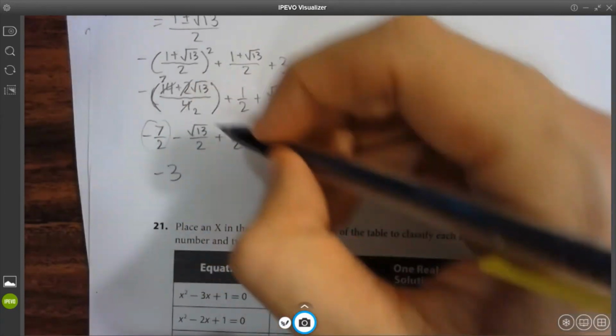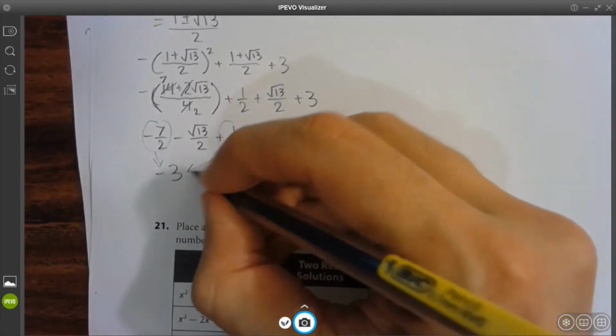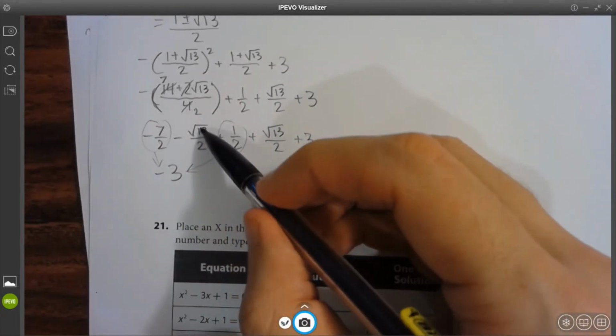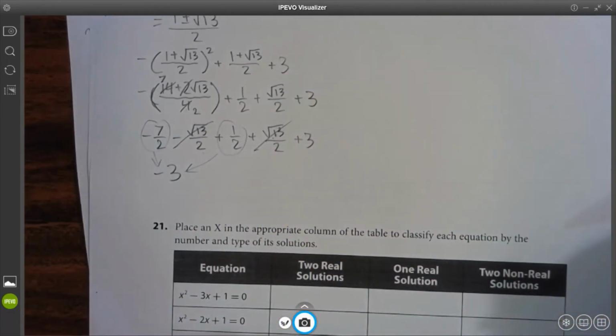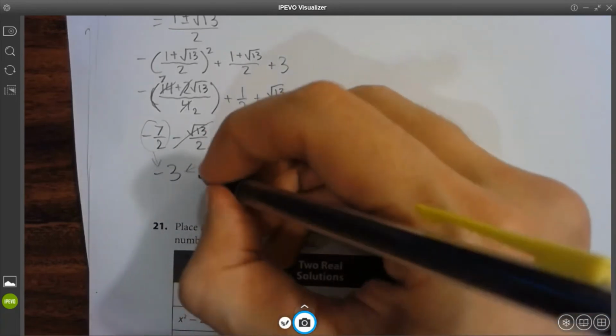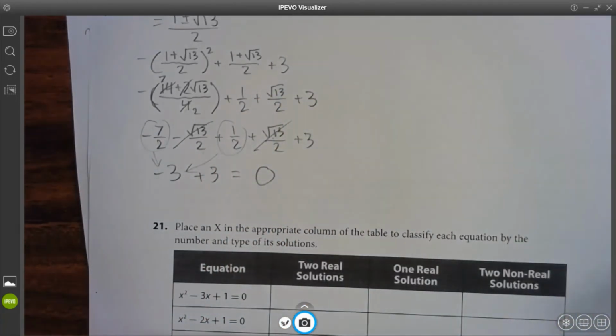So that's these two. Yeah, this one at least is nice. Negative root 13 over 2 and positive root 13 over 2, they cancel. And this gets us negative 3. We also have a plus 3, and we get 0.